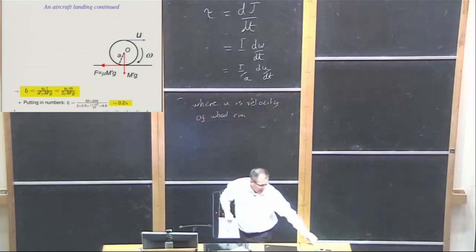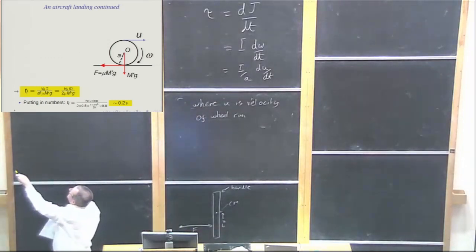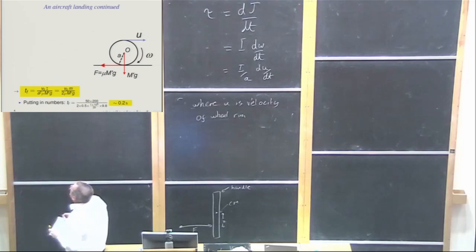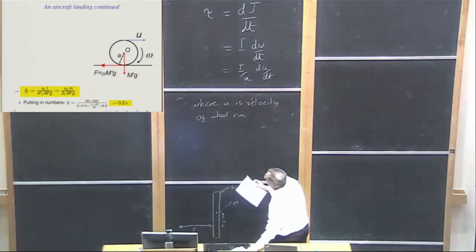So initially, just to be clear, the centre of mass of the wheel is moving initially faster than that because the plane, when it lands, is moving faster than that. But this is the velocity with which the wheel rim is spinning.